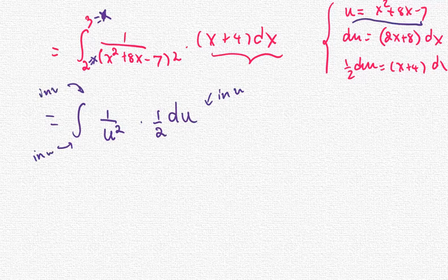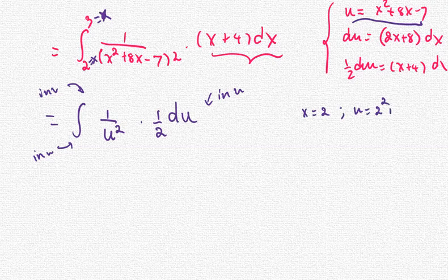From the relationship that u is x squared plus 8x minus 7, for x equals 2, the lower limit, u is going to be 2 squared plus 8 multiplied by 2 minus 7. What do we get here? Which is 4 plus 16 minus 7. So we get 13. This is the lower limit in u.